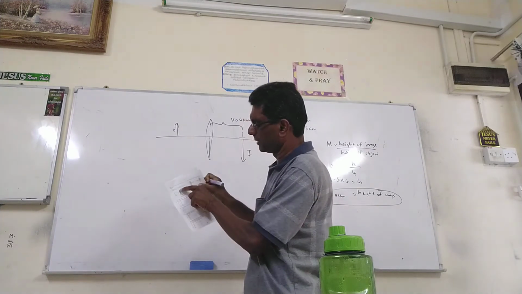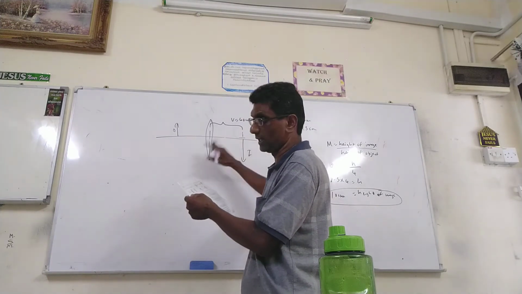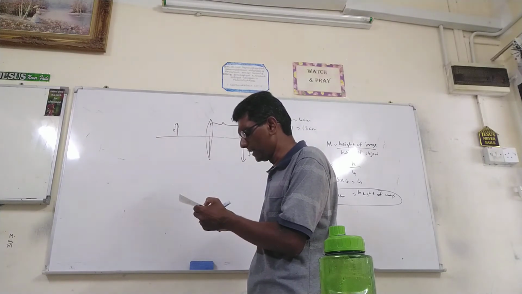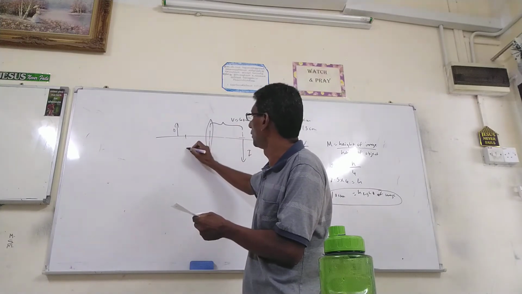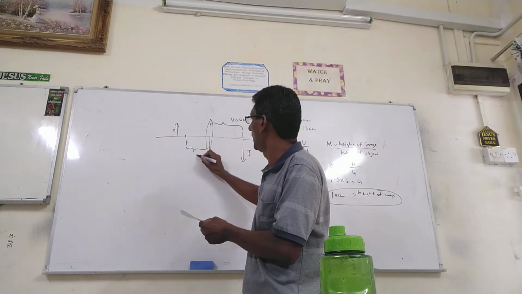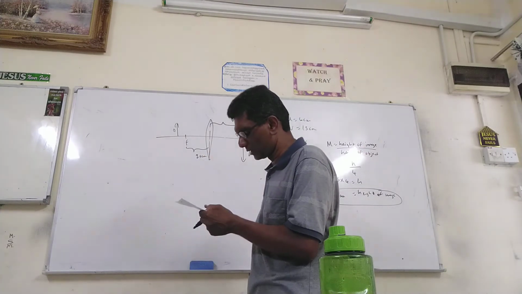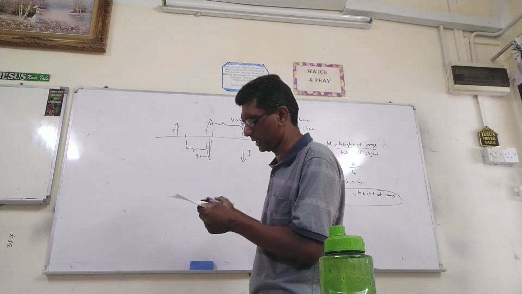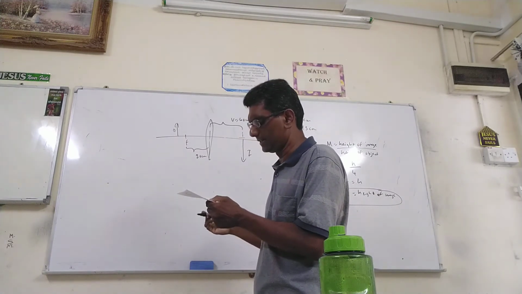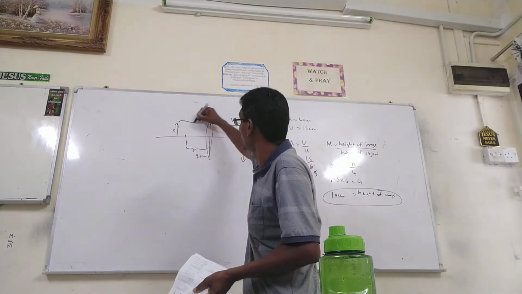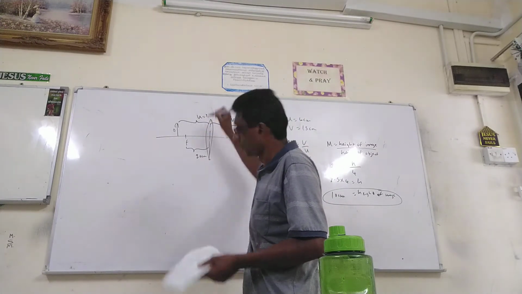Real image means inverted image, on the other side of the lens. The focal length of the lens is F, 20 cm. Find the distance between the object and the lens, or object distance. In other words, they are asking for U.